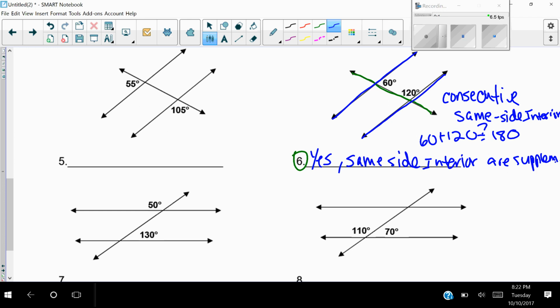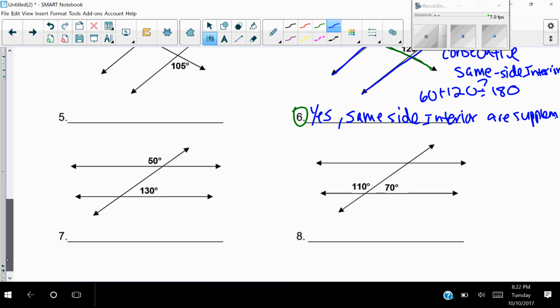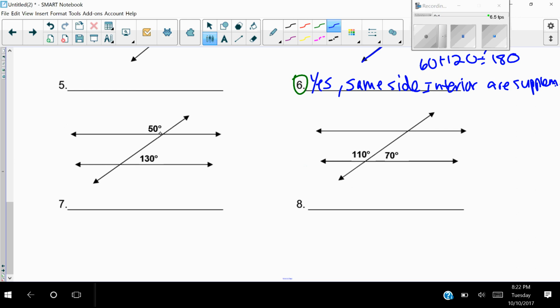Write it out. Be better than me. Okay. These two, there's really no name for it, but you can use vertical angles to figure this out. So you can use vertical angles right here and make this 50, right? And then we have consecutive. They're on the same side of this transversal, and they're both interior. They are on the inside of these parallel lines, right? This new 50, this vertical angle 50, and this 130.